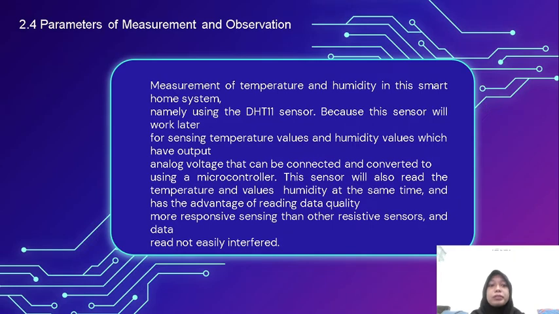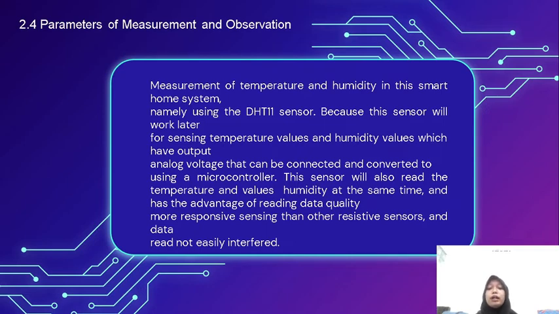Subchapter Parameter Measurement and Observation. Measurement of temperature and humidity in the smart home system uses the DHT11 sensor, because this sensor senses the temperature value and humidity value and has an analog voltage output that can be connected and converted using a microcontroller.